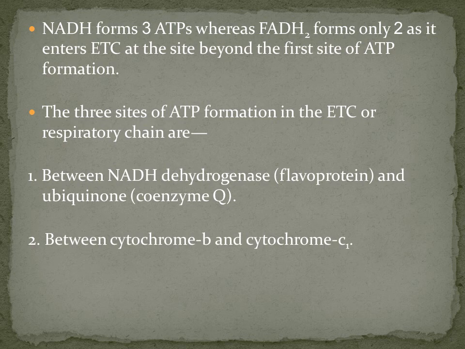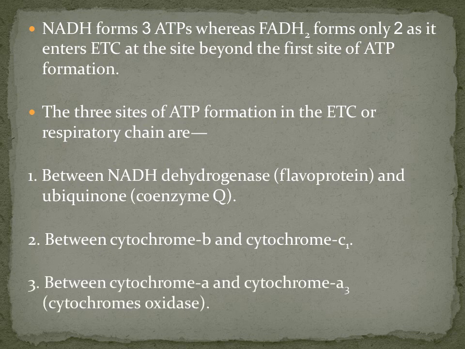The second site is between cytochrome B and cytochrome C1, and the third one is between cytochrome A and cytochrome A3. This together is also known as cytochrome oxidase. So these are the three sites where ATPs are formed in the electron transport chain.